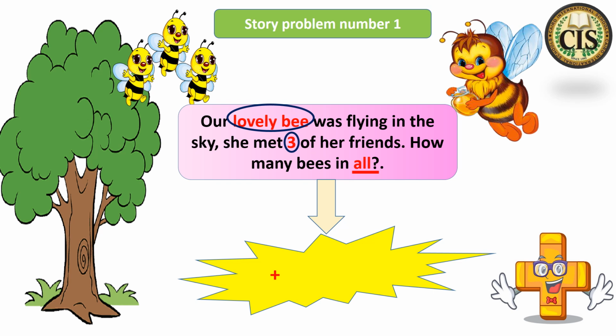And we will write 1, which represents the lovely bee. And 3 that represents her friends. Don't forget to write equals. 1 plus 3 equals what? Put the bigger number 3 in my mind and 1 on my fingers. After 3, 4. So we will write 4 bees. Don't forget to write the word bees.